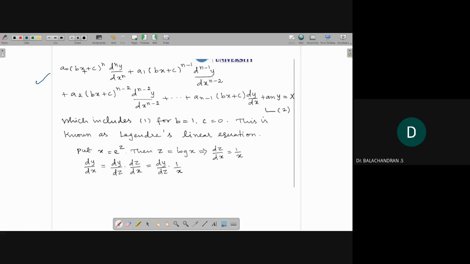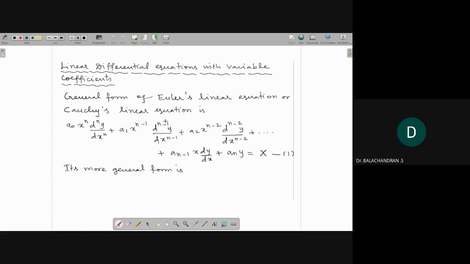a naught into (bx plus c) whole power n into d power n y by dx power n plus a1 into (bx plus c) whole power n minus 1 into d power n minus 1 y by dx power n minus 1 and so on, plus a n minus 1 into (bx plus c) into dy by dx plus a n into y equal to the right hand side function X. If you substitute b equal to 1 and c equal to 0 in this equation, you will get the previous equation, the Euler linear equation.